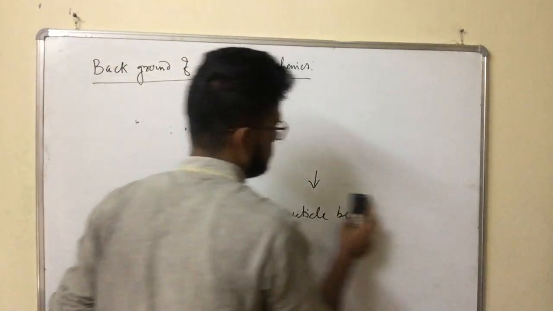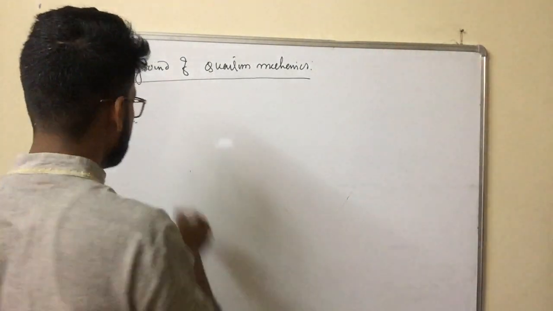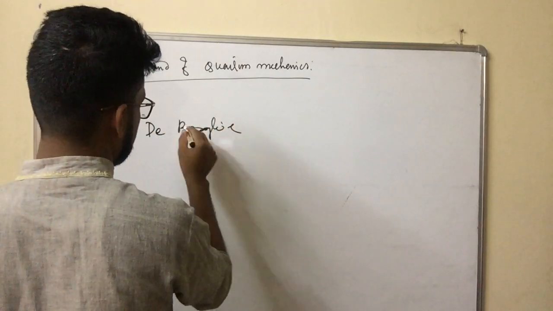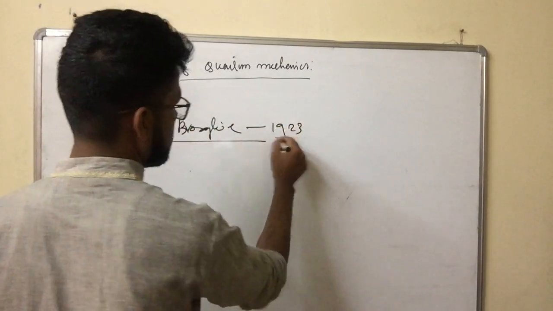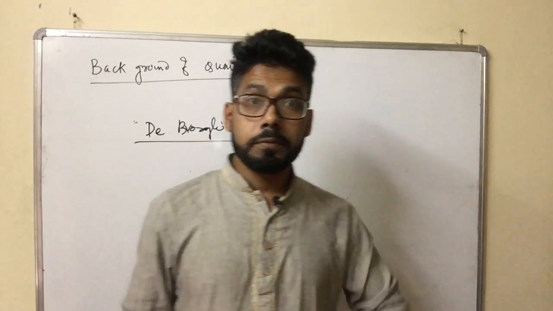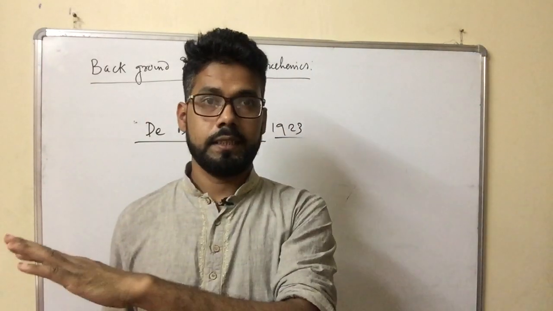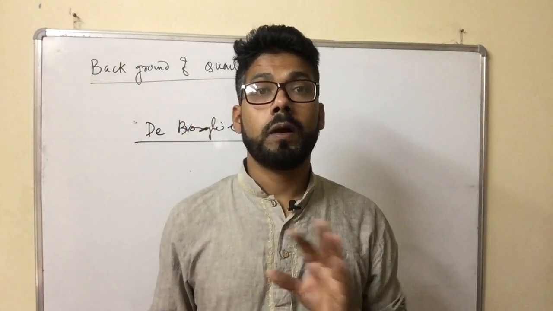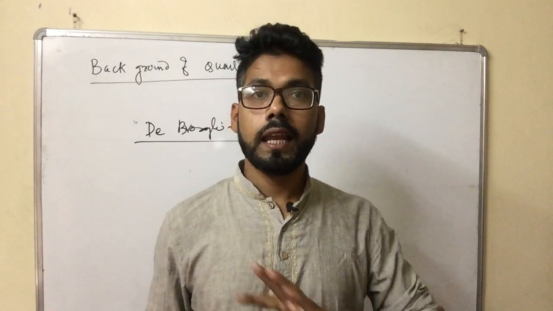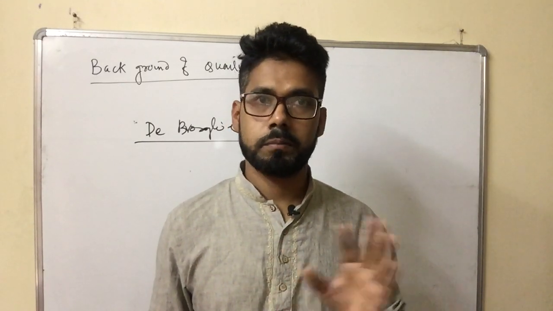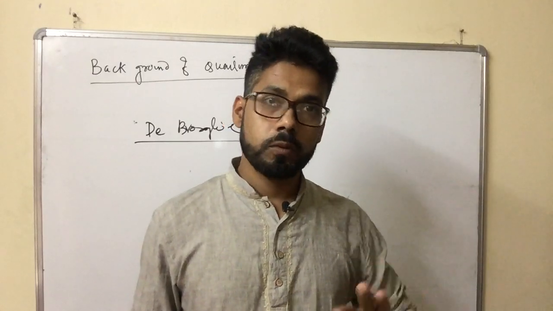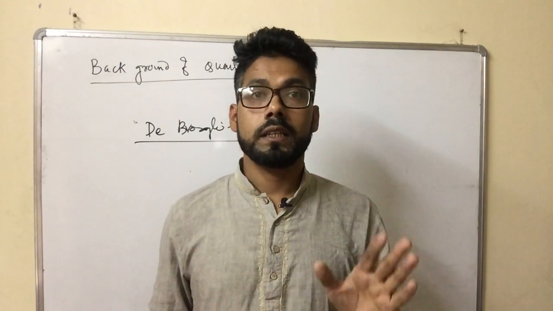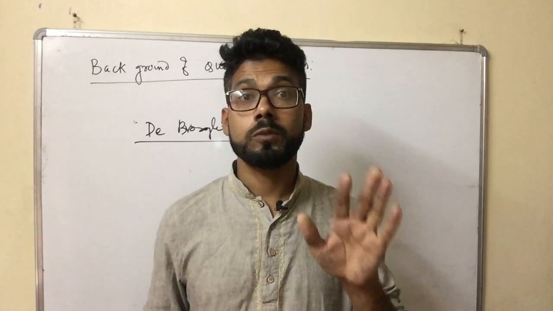Then what happened? In the same year, 1923, if radiation can behave as a wave as well as a particle, then De Broglie provided a powerful theory which tells that any material particle, not only photons, later this equation is generalized, also has dual behavior.